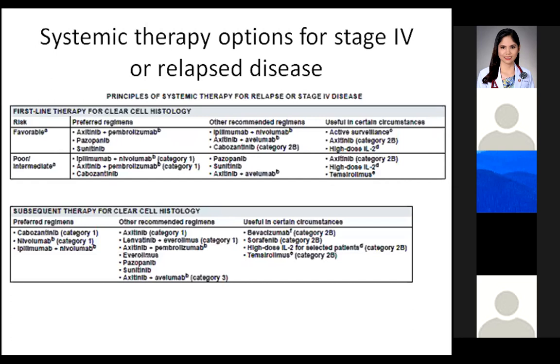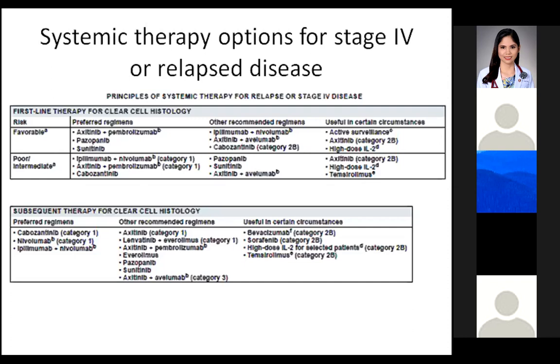Yung sunod na drug na discuss nila sa guidelines is yung nivolumab. It is an antibody that selectively blocks the interaction between programmed cell death 1 or yung PD-1 and its ligands. So PD-1, PD-L1 inhibitor ang nivolumab. While yung ipilimumab, the antibody siya that selectively blocks the interaction between the negative CTLA4 receptor and its ligand.